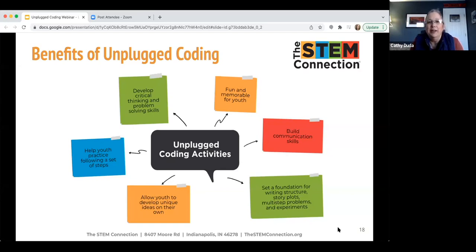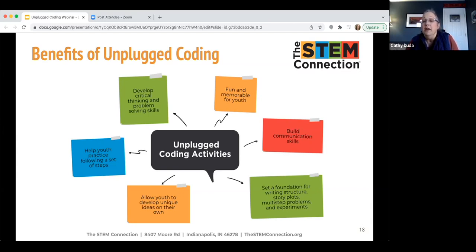It also helps them follow steps or directions in sequence, because you can't do 2 until you do 1. And some kids try. It also develops their own ideas. It's like, okay, you had me do it this way, but I think we could do it better.